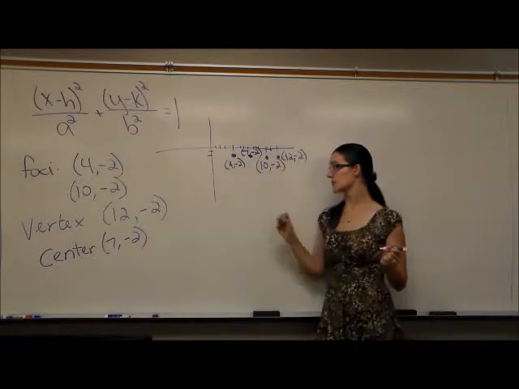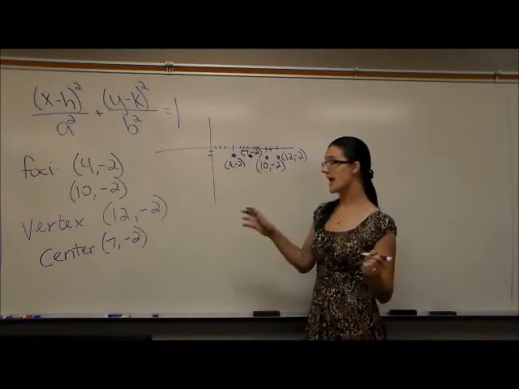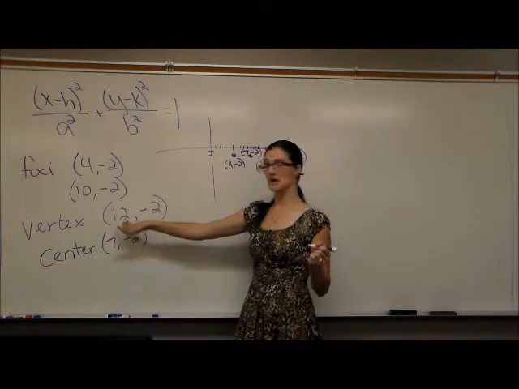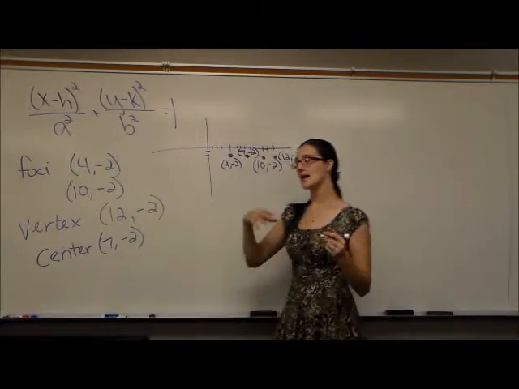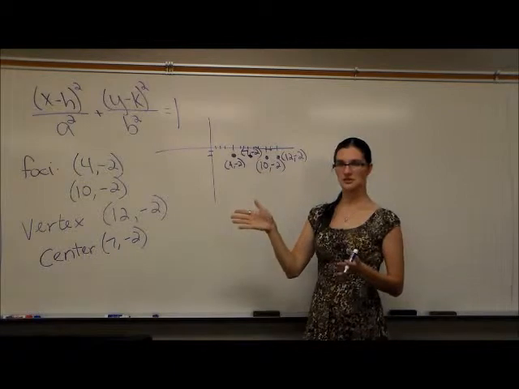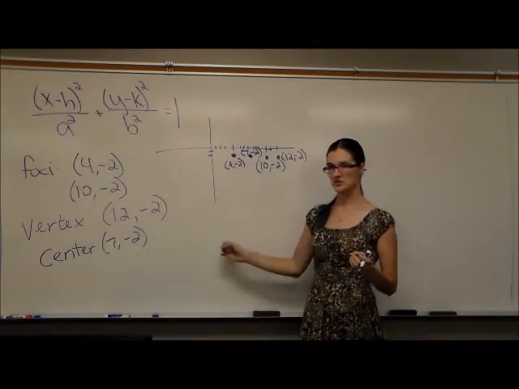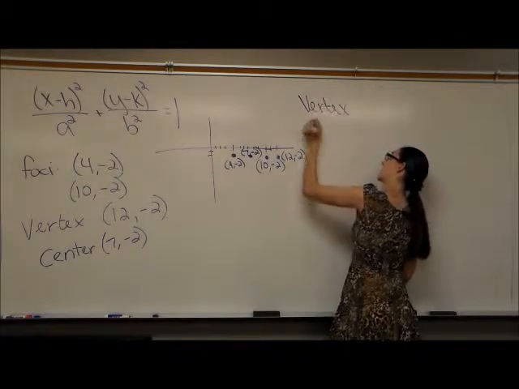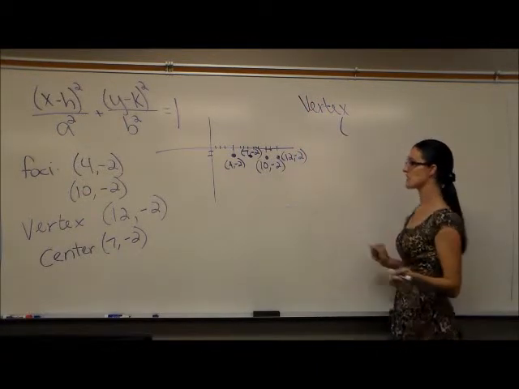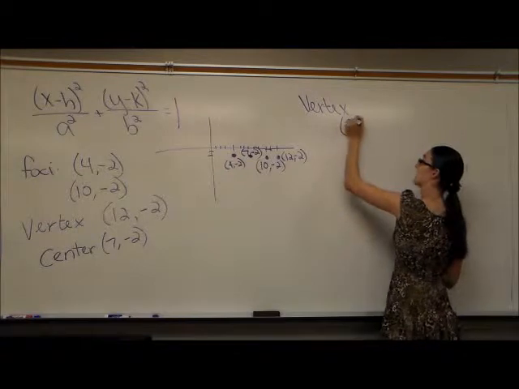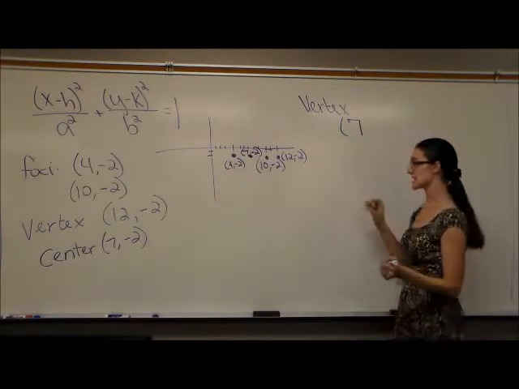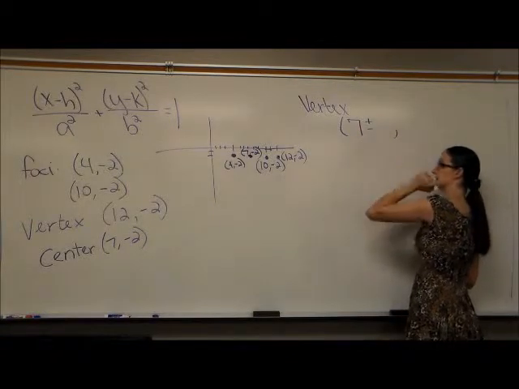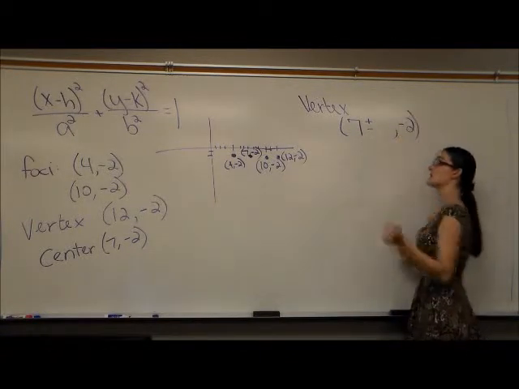Now the problem here is we don't actually know A. A so far has been your vertex. Here it's 12, but 12 is not our A because it's not from the origin to the vertex, it's from the center to the vertex. So when we look at our vertex, we need to be able to relate it in terms of our center. We know our major axis is our x-axis, so that's the one the vertex will change. We need to do 7 plus or minus a number, negative 2.